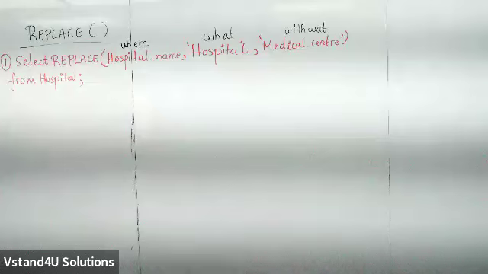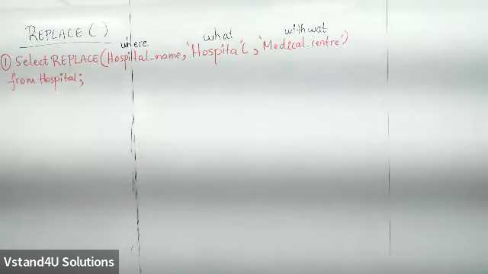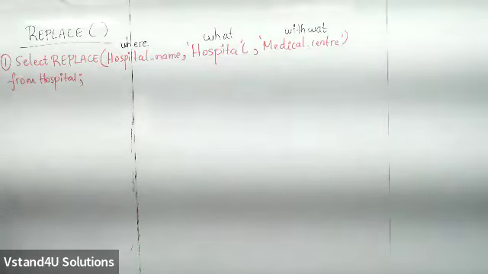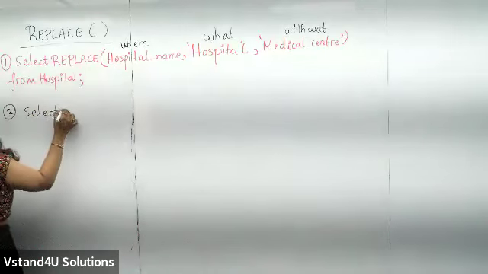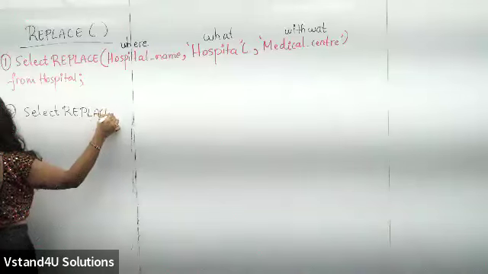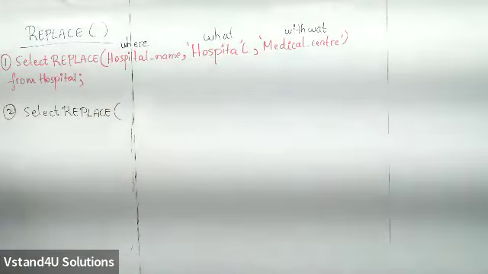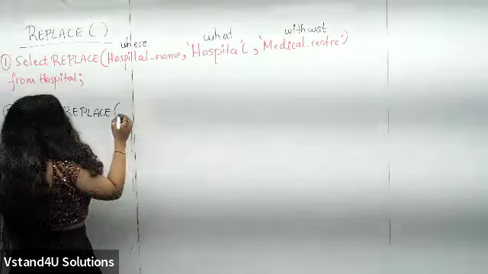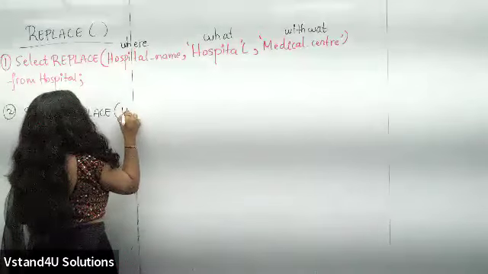Okay, clear? How will you write the query for this one? So you will write select, and I have to use the function called as replace. Then what should I do? What I have to replace? I have to replace hospital name or hospital location? Hospital location.